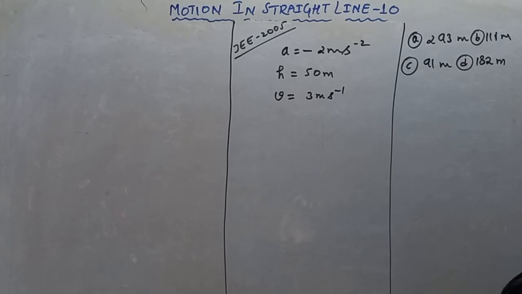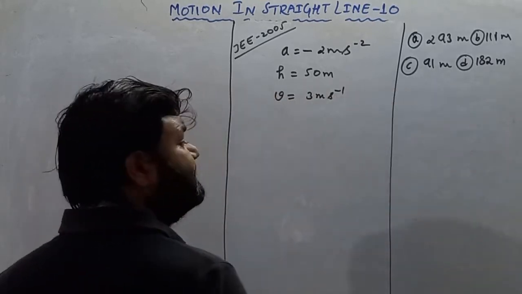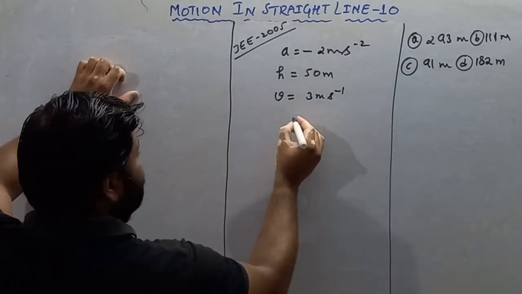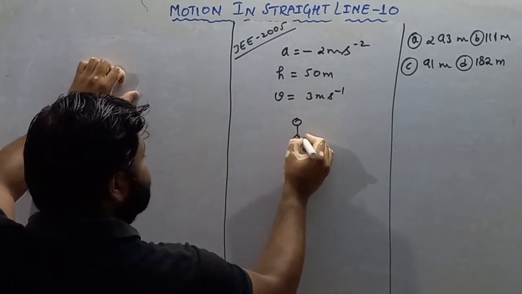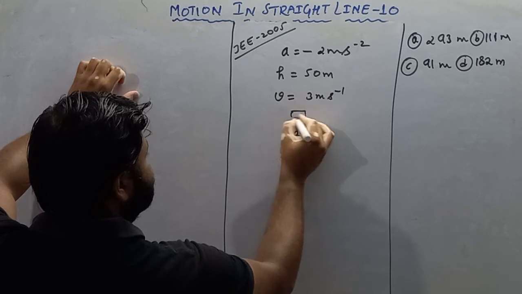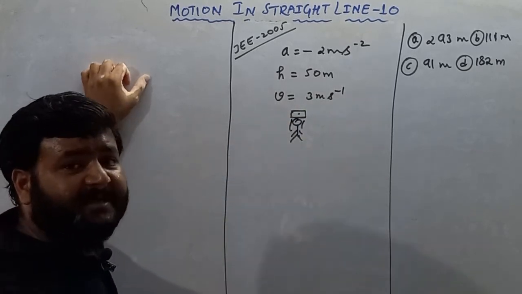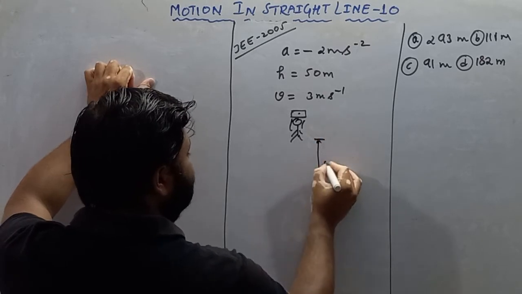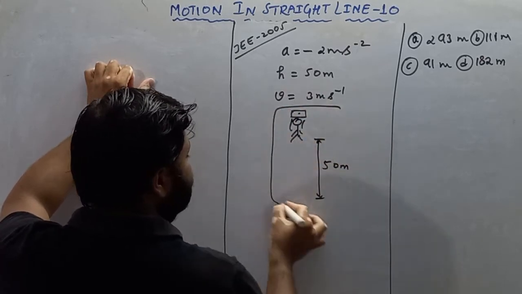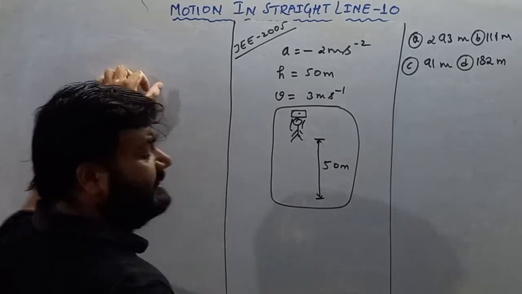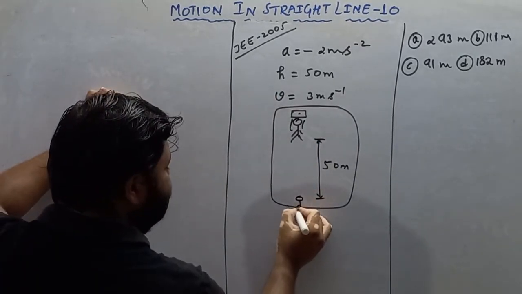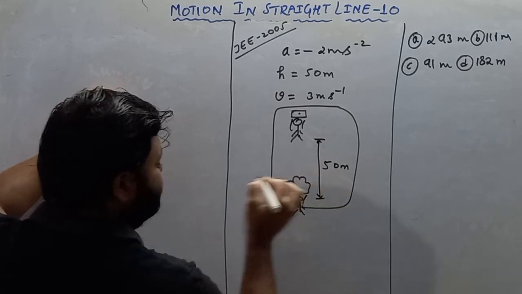Now see, my dear student, in this question there are two different things. Let's suppose this is the parachutist, and this is the parachute. Without opening the parachute, he travels a distance of 50 meter. After traveling 50 meter, he opens the parachute.